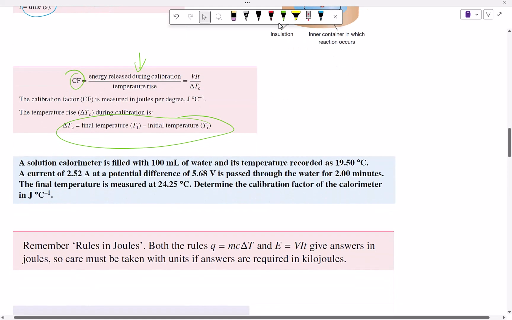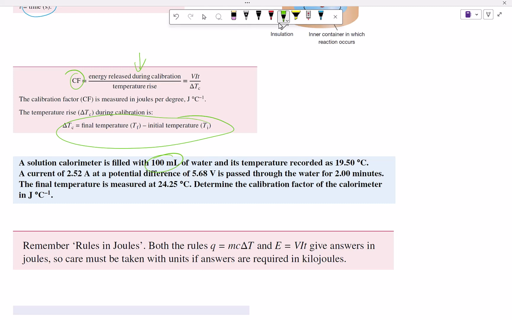A solution calorimeter is filled with 100 mL of water, recorded at 19.5 degrees. We get a current of 2.52, voltage of 5.68, and the final temperature is that.